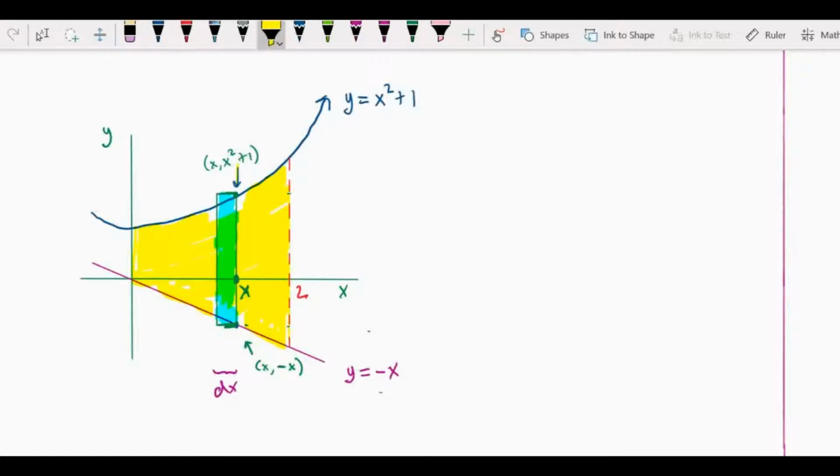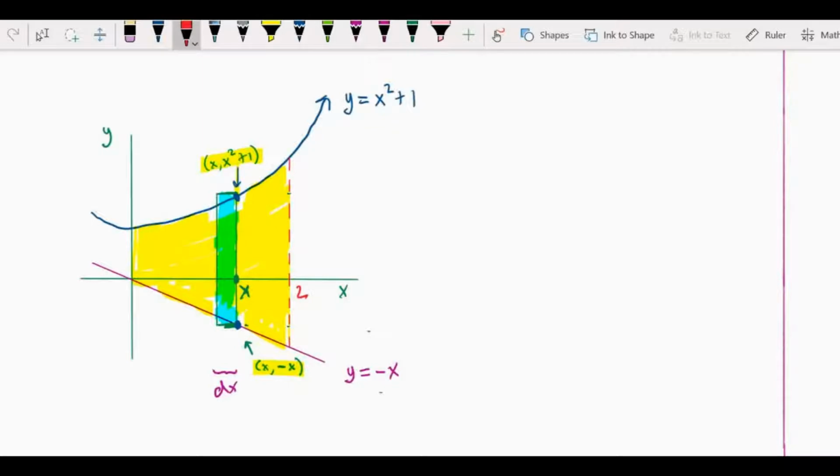Now note that if I pick some arbitrary point x on the x-axis, then the point on the blue curve that lies directly above that point x is going to have coordinates x, x squared plus 1. And if I instead pick the point that's directly below it on the line y equals negative x, that point is going to have the coordinates x comma negative x.